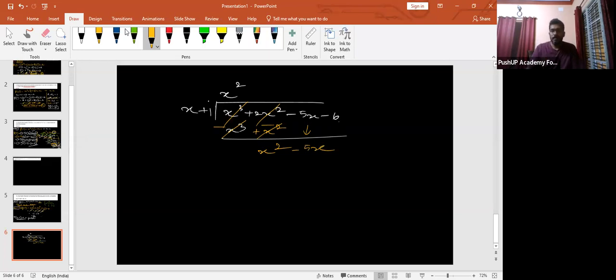Next step. We should multiply x with what so that you get x square? It is x, because x into x will give you x square, right? So I am writing x into x as x square.